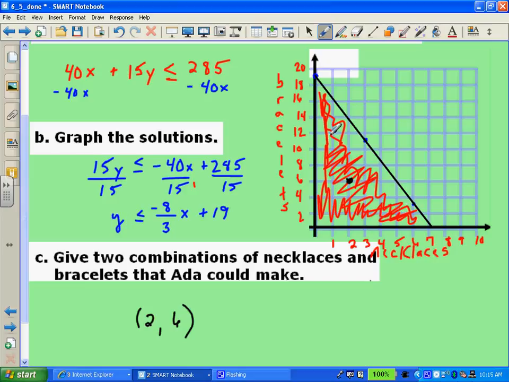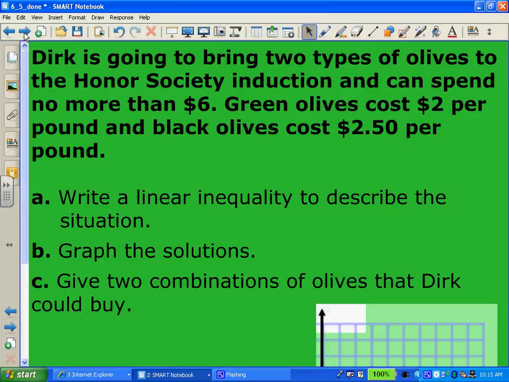And then another point here, let's just go up here, she can make 1 necklace and 12 bracelets. Okay, so those would just be 2 possible combinations. Now obviously on that part answers will vary, because you can just pick any 2 points in the shaded region, or you could even pick points that are on the line since it's less than or equal to.